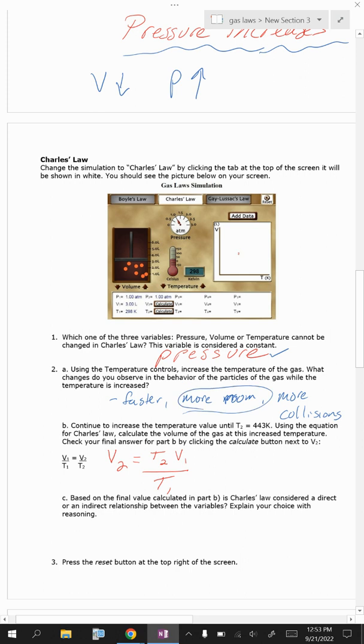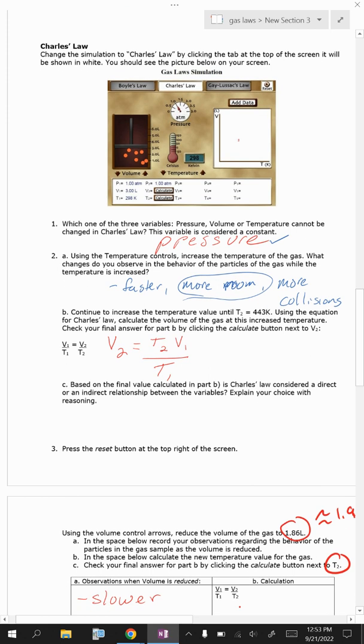So that leads us to explore this relationship between volume and temperature. Let's say we increase it to 443 Kelvin. Use Charles' law equation and find the new volume.